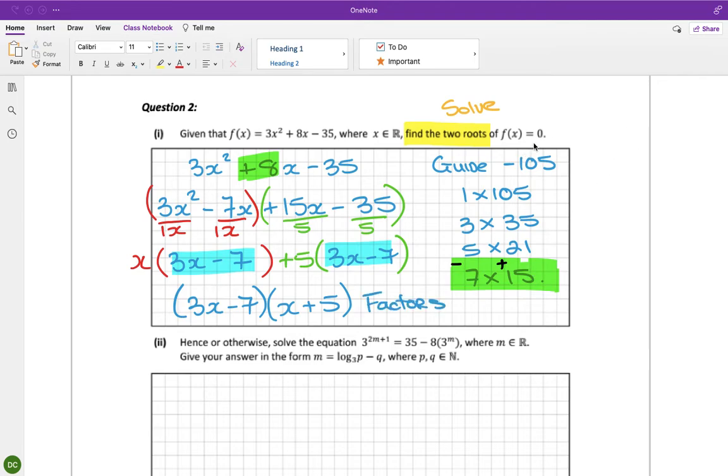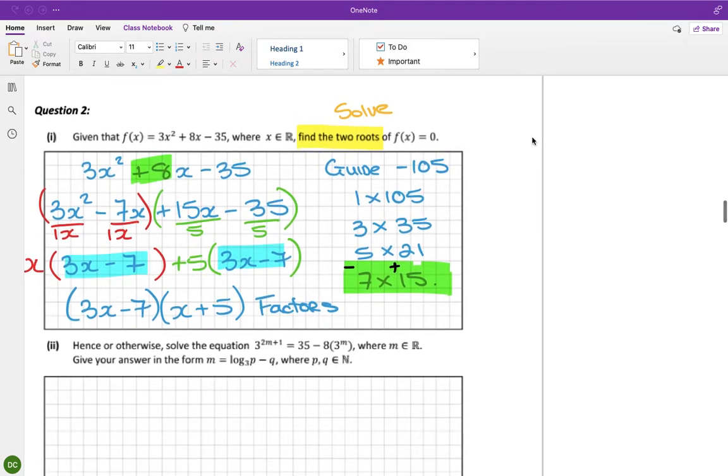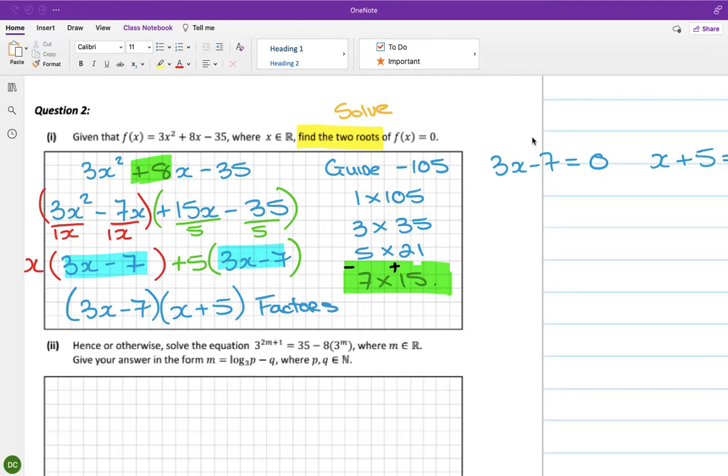I was asked for f of x equals 0, and I was asked for the roots, which means I need to solve. So I get 3x minus 7 and let it equal 0, and x plus 5 and let it equal 0. So let's see. If I plus the 7 on both sides, I get 3x equals 7, and then divide by 3, and x equals 7 over 3.